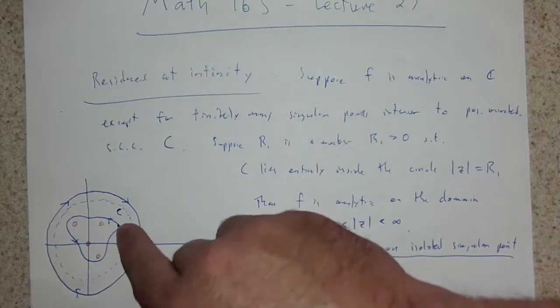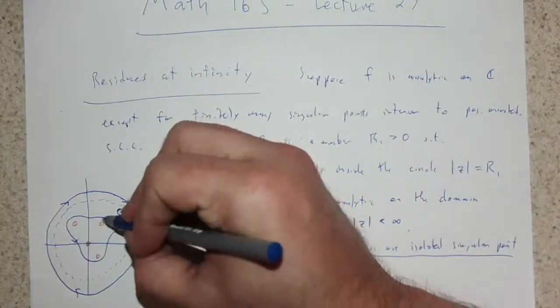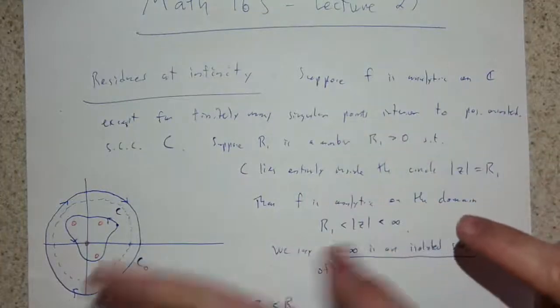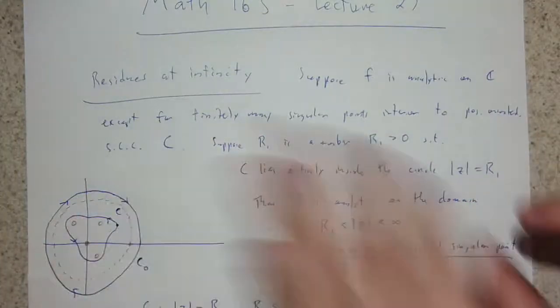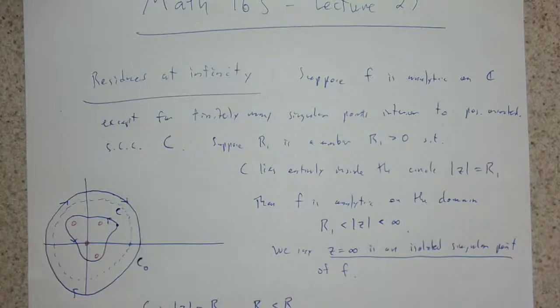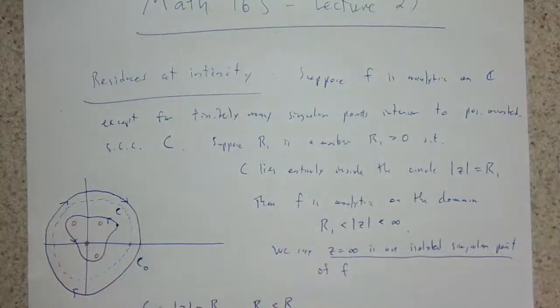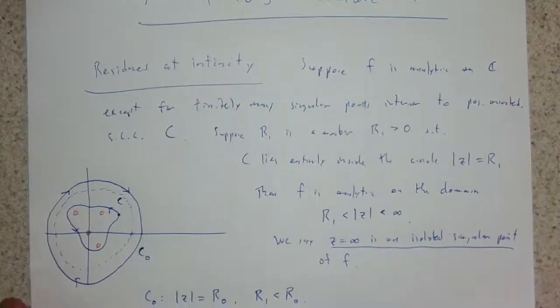So here I am, this is me, I'm walking along this curve. All of these singular points are going to lie to my left side. So I'm keeping all the singular points on the left. That's important.